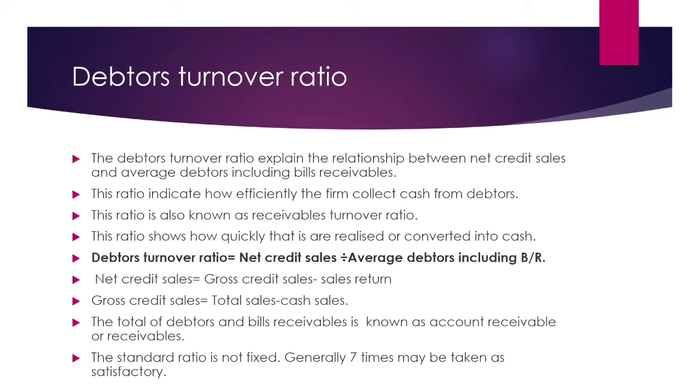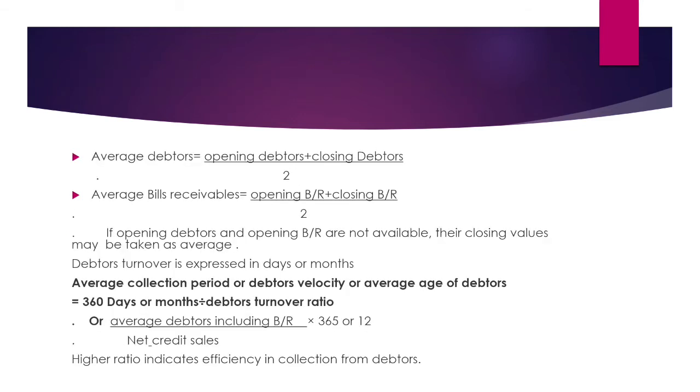The total of debtors and bills receivable is known as accounts receivable or receivables. The standard ratio for debtors turnover is not fixed, but generally 7 times may be taken as satisfactory. Average debtors is calculated by the following equation: opening debtors plus closing debtors divided by 2.